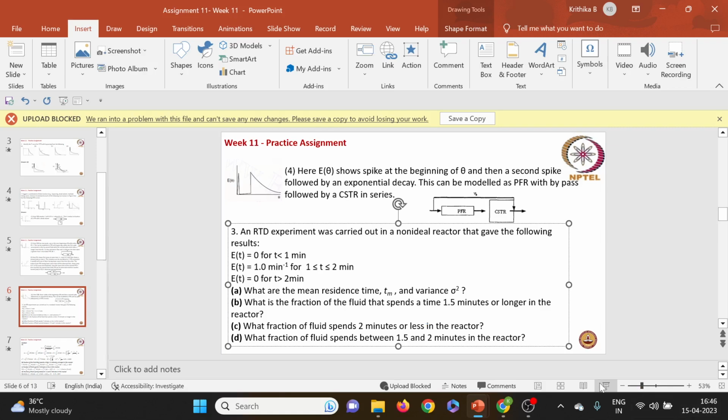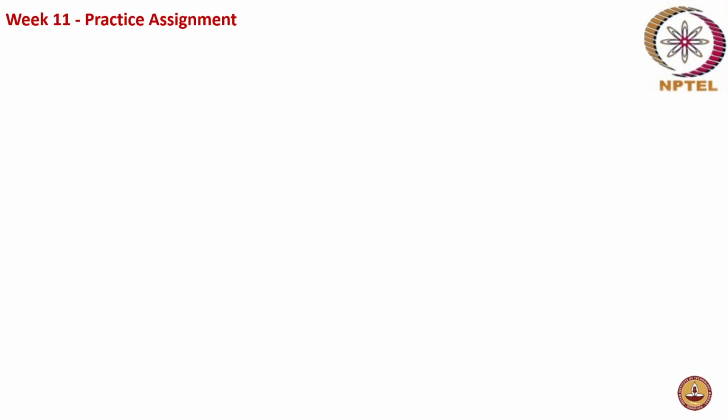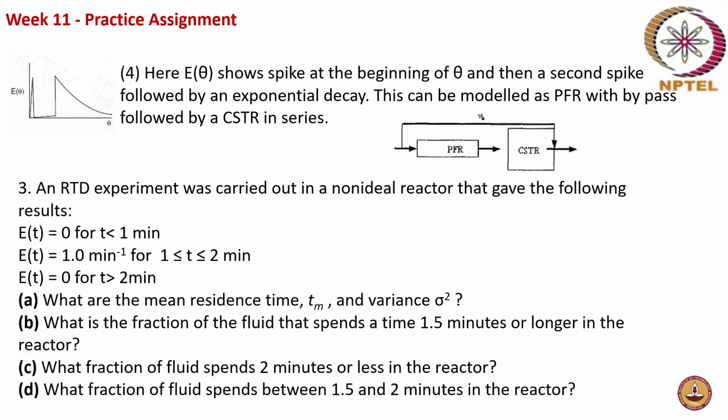So the value of E of t was 1 minute inverse for time between 1 and 2 minutes, and then again E of t was equal to 0 for time greater than 2 minutes.